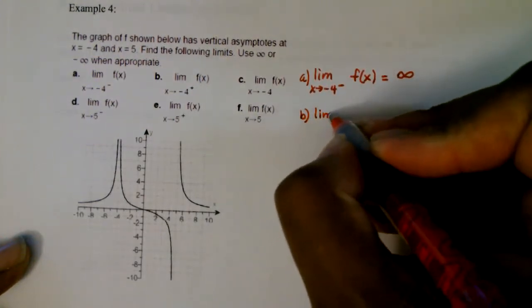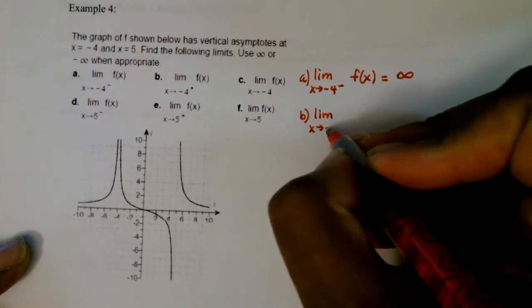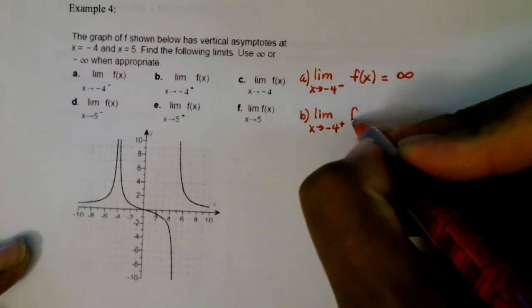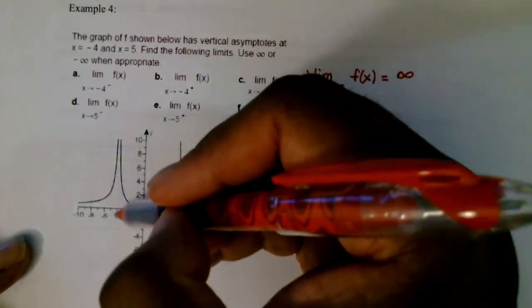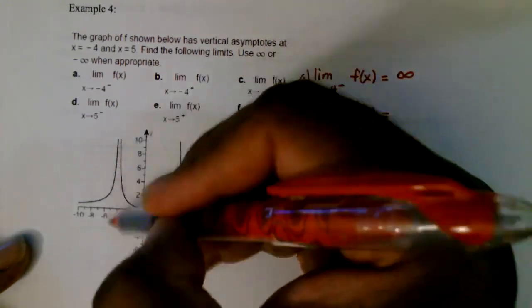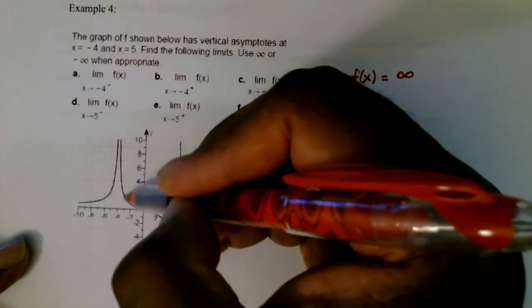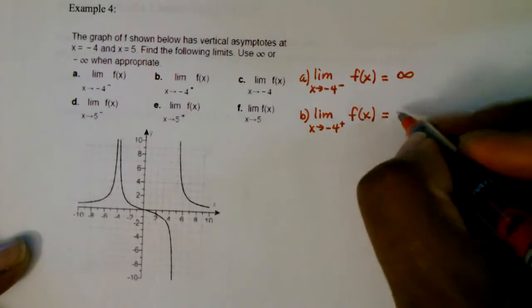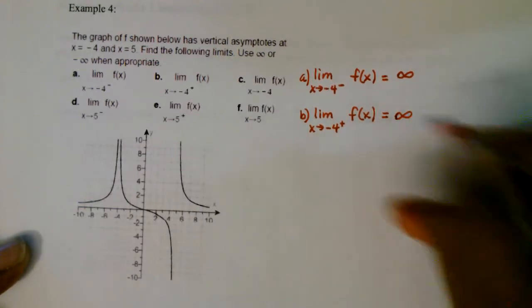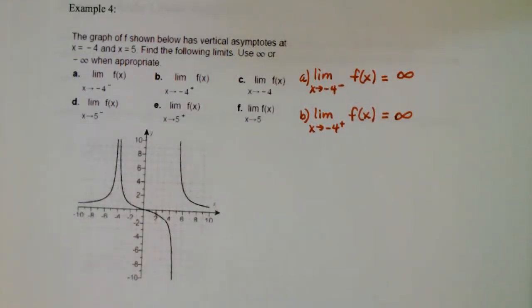Part B is the limit as x approaches -4 from the right of f of x. To the right of -4, it is also going upward to infinity without bound. So the limit as x approaches -4 from the right of that function f of x is infinity.